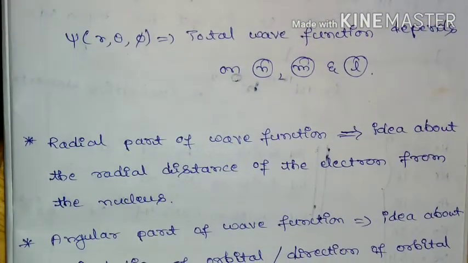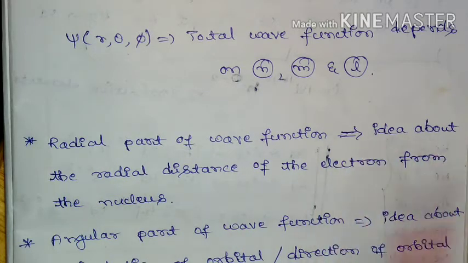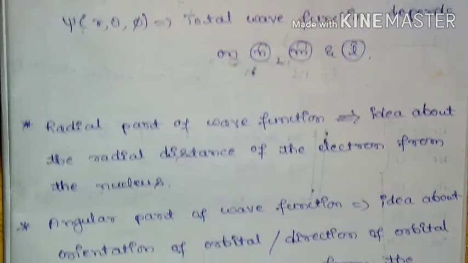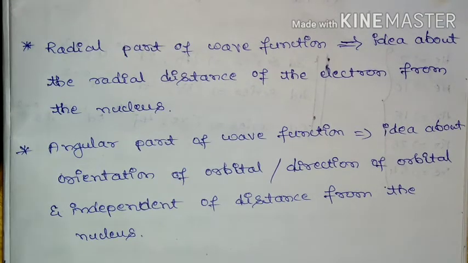And if you see, radial part of wave function gives an idea about the radial distance of electron from the nucleus, whereas angular part of wave function gives an idea about orientation of orbital or direction of orbital, and this angular part of wave function is independent of distance from the nucleus.